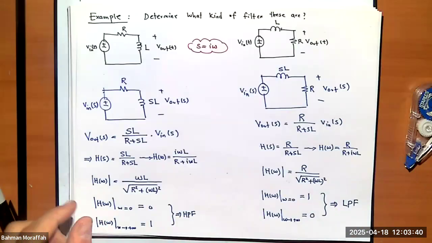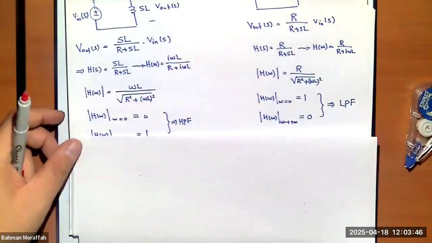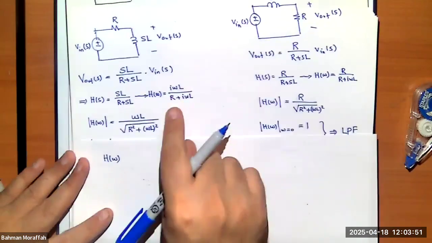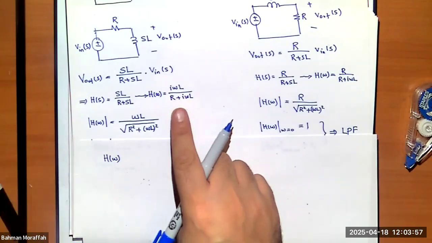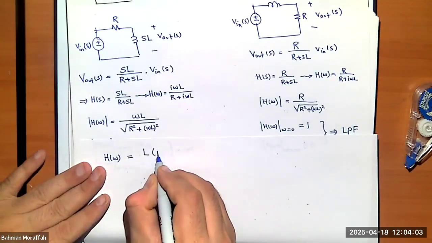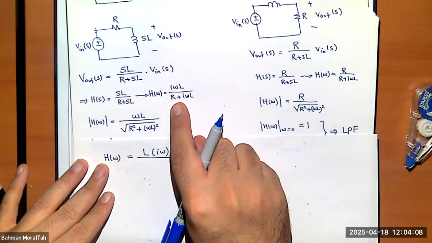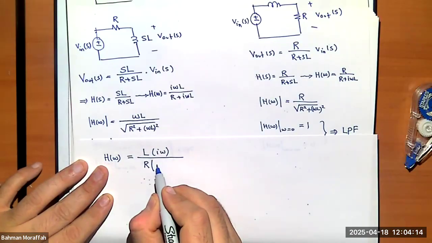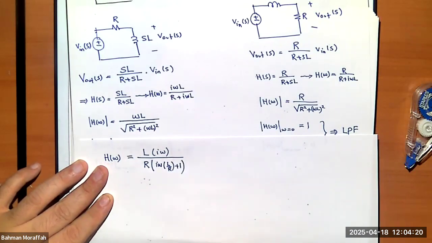Let's just try to plot this using the method that we just learned. Right? So I know H of ω is jωL divided by R plus jωL. Well, the numerator is pretty good because I know I have a 0 at the origin. Right? So I have L times jω. Denominator, I don't like this R. To make this 1, I'm going to factor it out. So I have R times jωL over R plus 1.